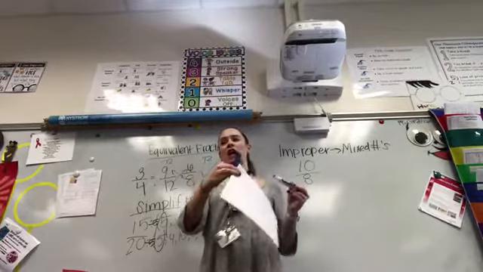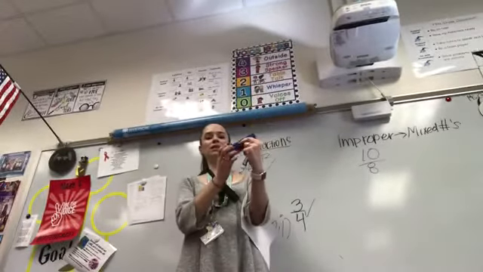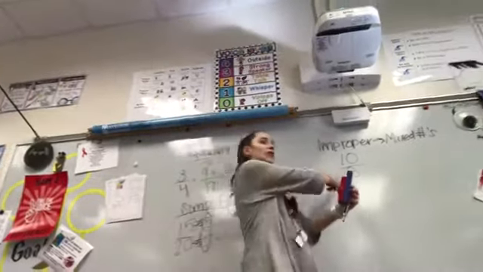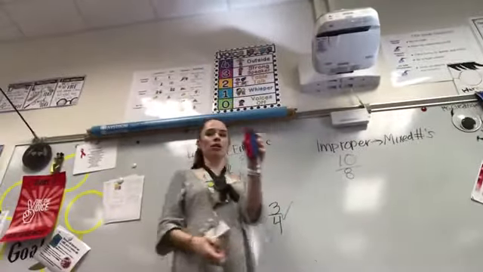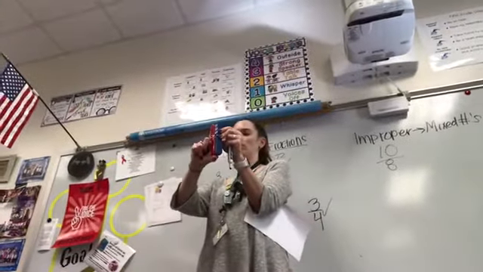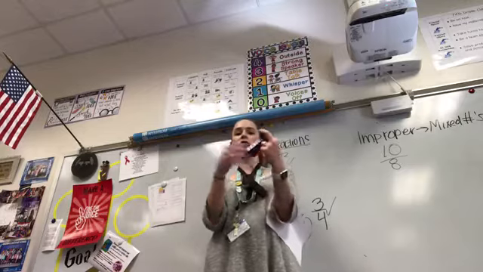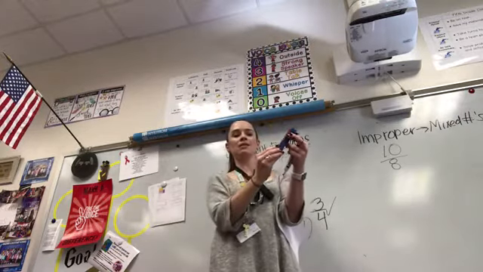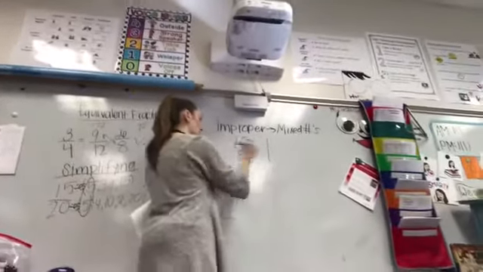So here's a fraction bar that represents 1 whole. You can see that because my denominator is 8, 8 pieces are equivalent to 1 whole.